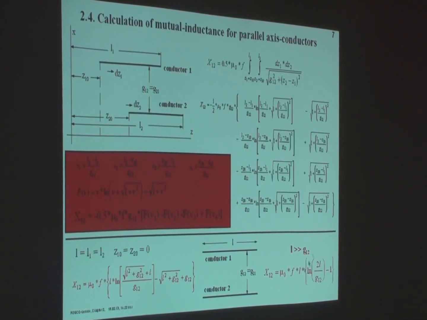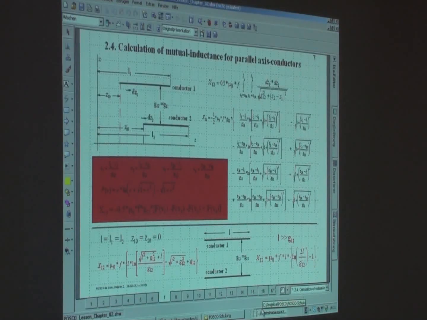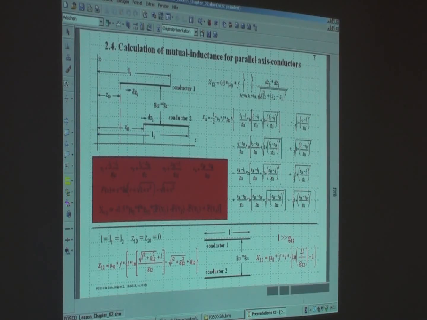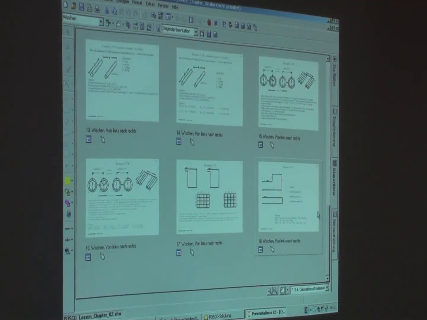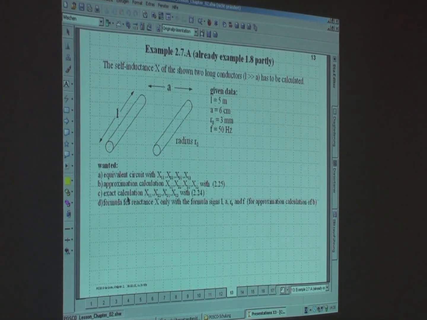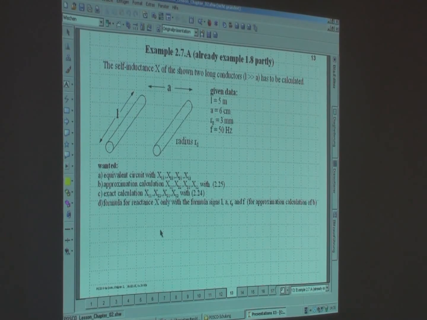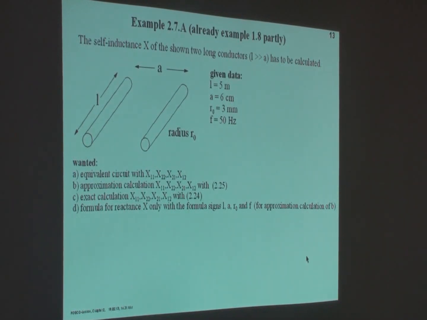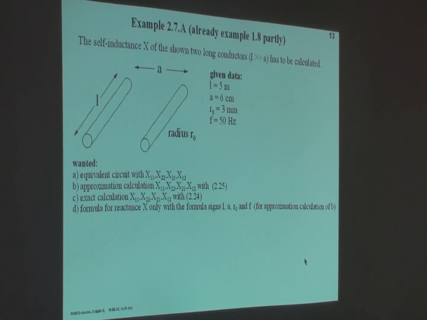And now we have to go back to the example where we are. We are at this example. We did calculate this. And here I told my wife to put in the presentation only the example and not the solution.